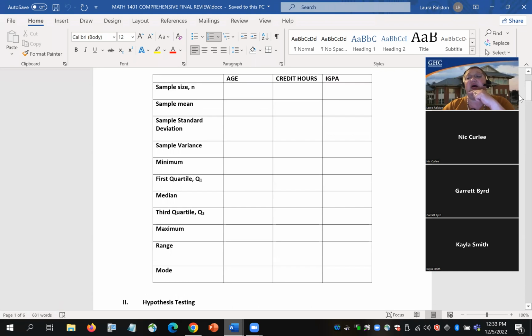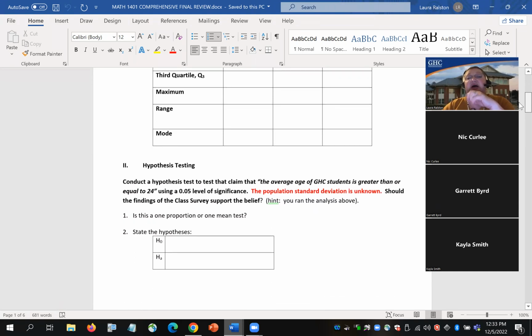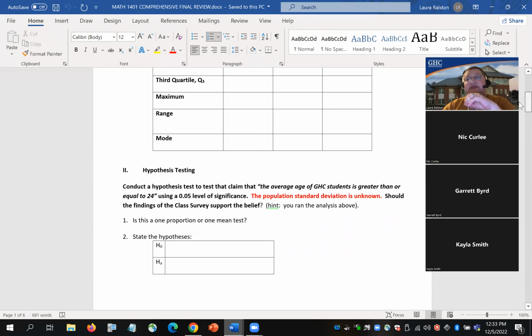The second part of the test focuses on hypothesis testing, because hypothesis testing encompasses the probability stuff that we talked about, and then of course calculating test statistics and that sort of thing.